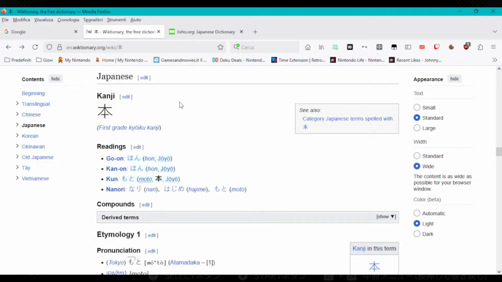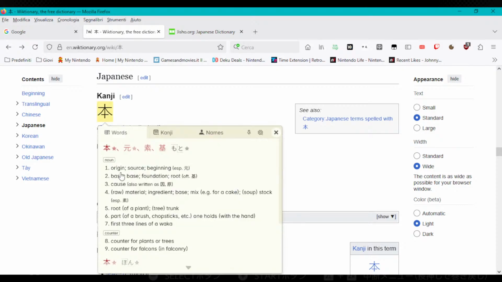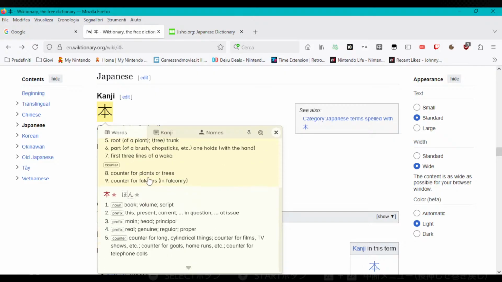We eventually see also the Miya. And then we have the onyomi, which is the same for Gon and Kanon. Hon. And in that case, the fundamental meaning is book.